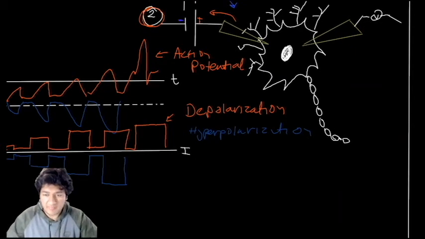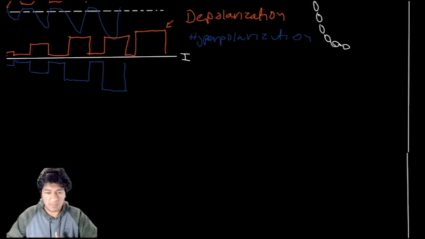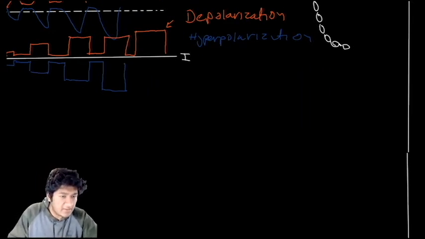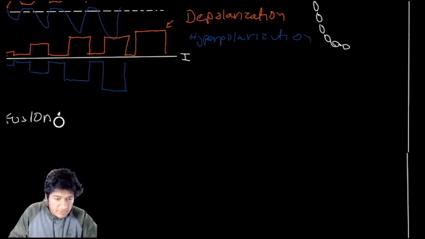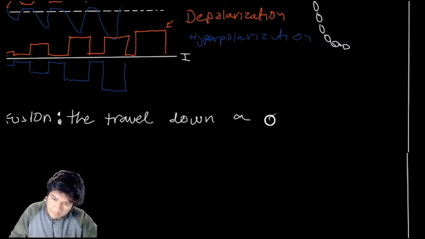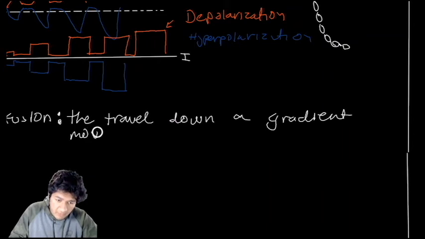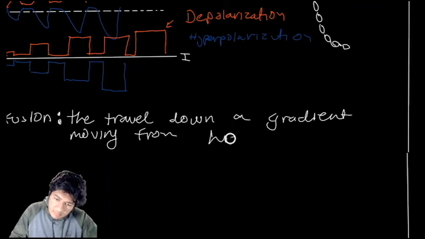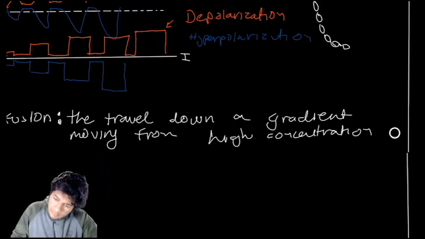So while we're on this topic of electricity, we should also just rehash what we've learned about diffusion and electrostatics. And I think it's high time that we actually define these two. So diffusion is nothing but the travel down a gradient, moving from highest concentration to lowest concentration.